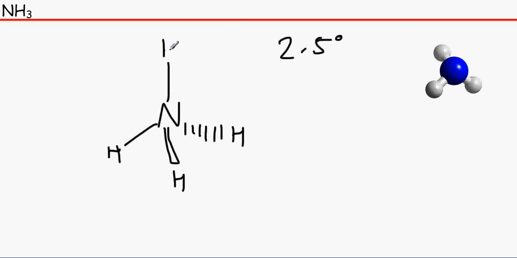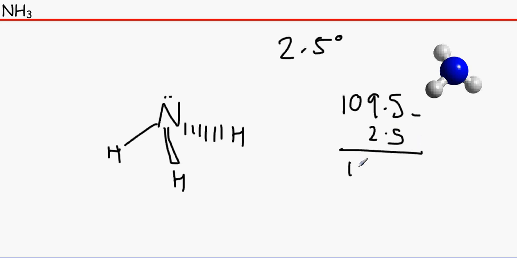Okay, so we've got a tetrahedral structure here, and we know that the tetrahedral structure is 109.5. We replace this with a lone pair, and we know lone pairs repel 2.5 degrees more. So 109.5 minus 2.5 degrees will give us 107.